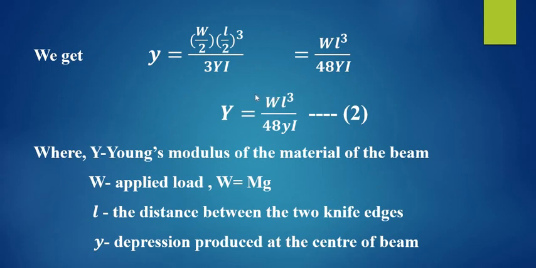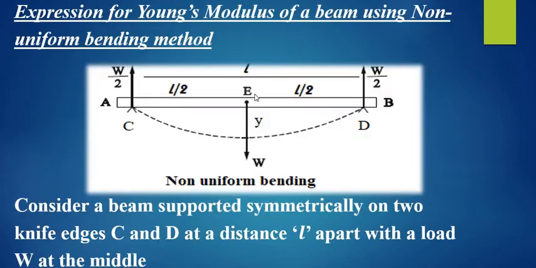In our cantilever problem, the load is W by 2 and the length is L by 2. So, in the cantilever expression, the value W by 2 is substituted instead of W, and the length value is L by 2 instead of L.